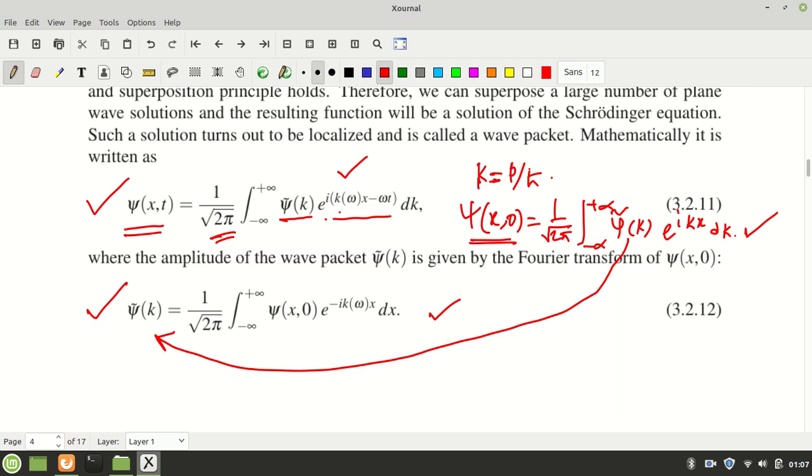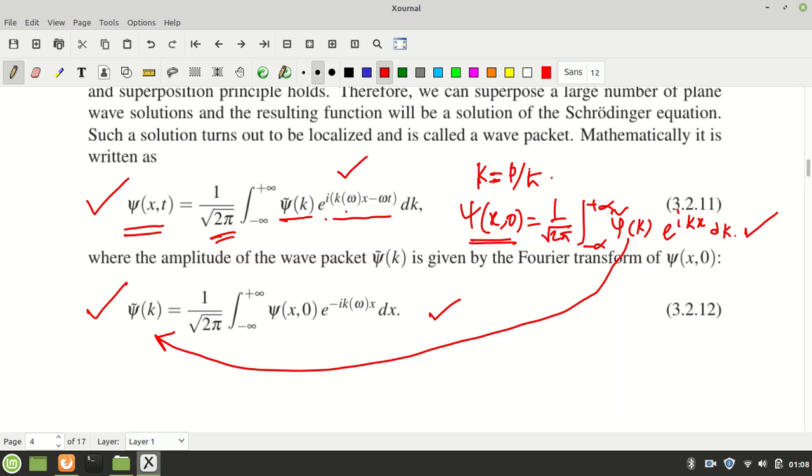So all plane waves are superposed, which means at x equal to 0 they will interfere at every point in the space.